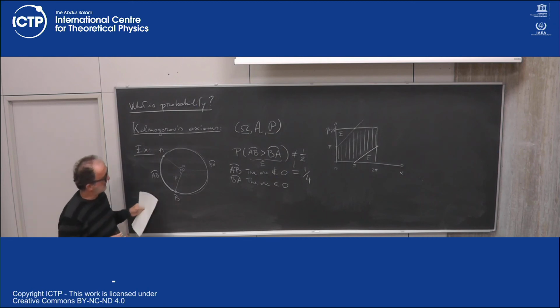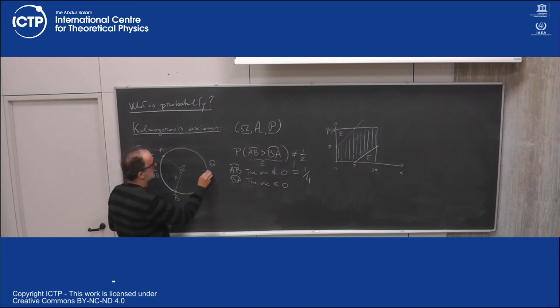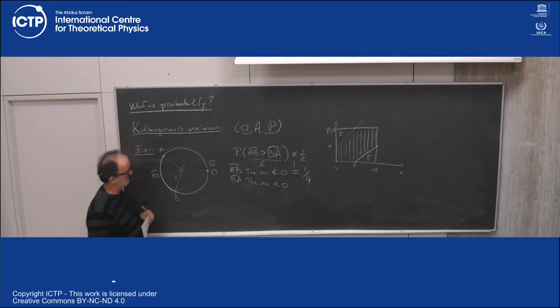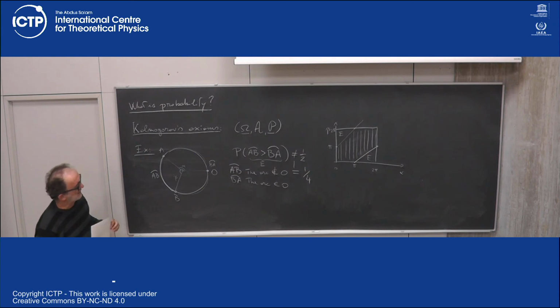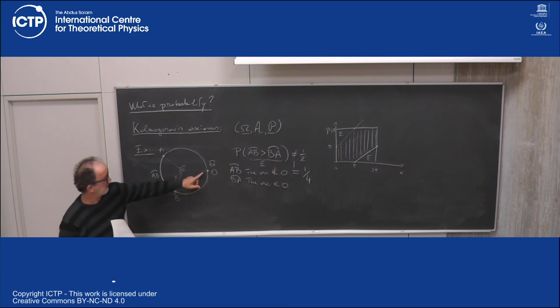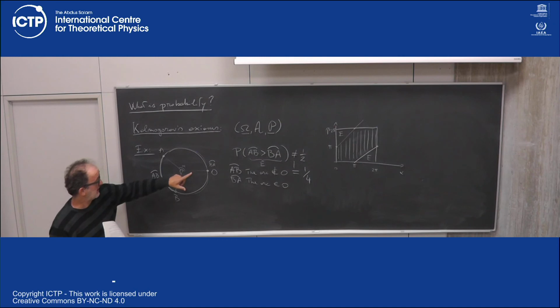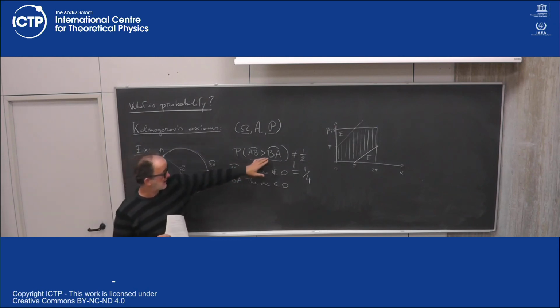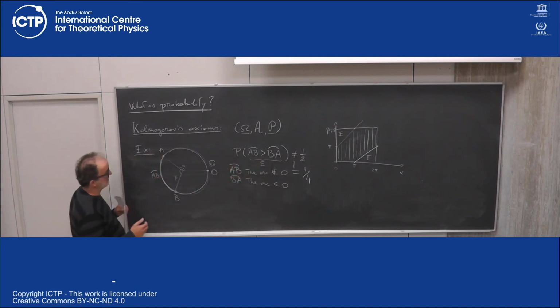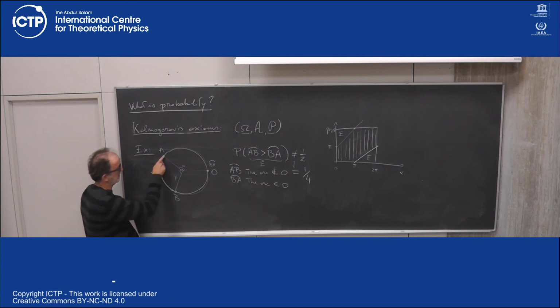Well, the reason why it is wrong is that essentially in this problem there are not 2 points, but there are 3 points. Because there is also the origin, because I'm computing all these angles from this origin. And when I ask this question here, I'm asking what is the probability that this arc is greater than the sum of these two arcs.